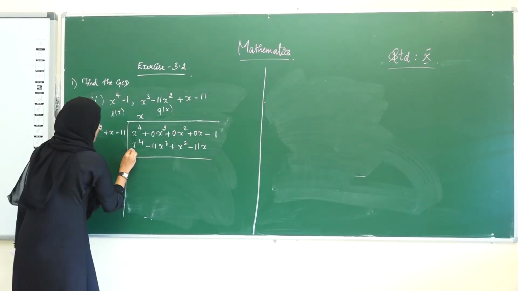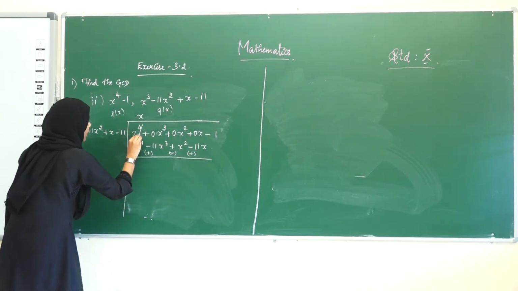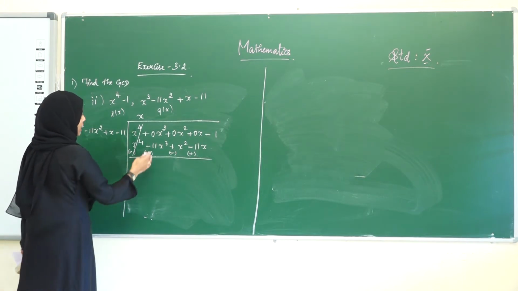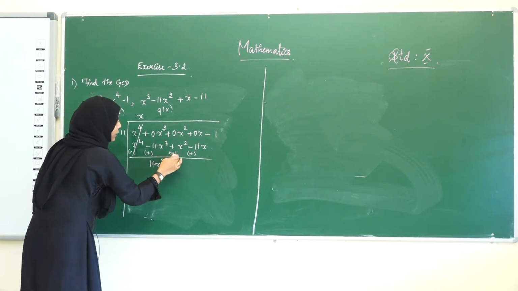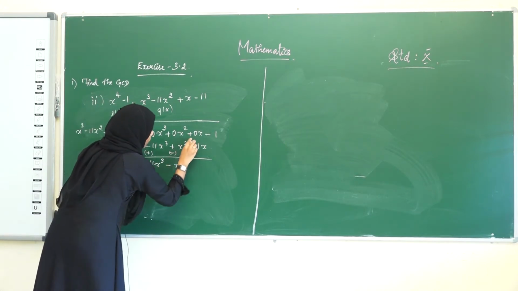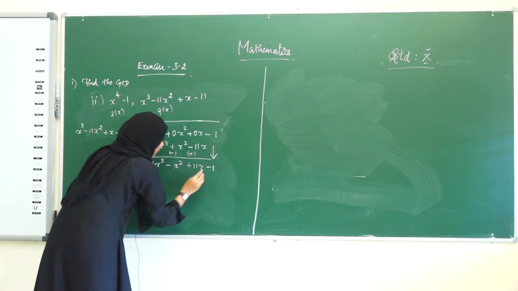So again, we are changing the symbols. After changing, this term gets cancelled. Here plus 11x cube is the answer. On adding this both, we get minus x square. On adding this both, we get plus 11x, and then this term gets down, that is minus 1.